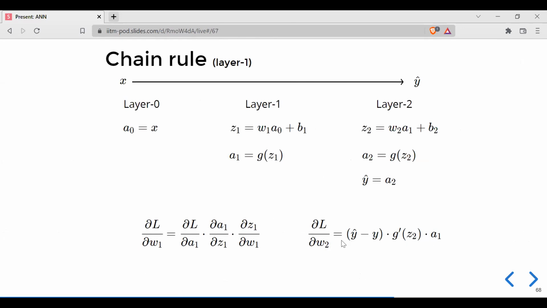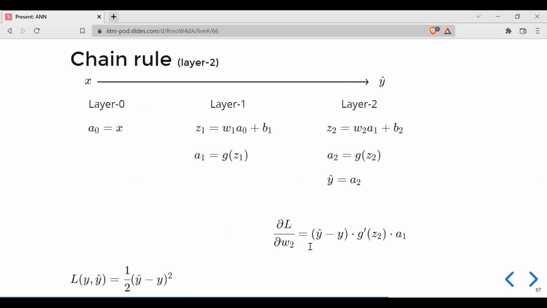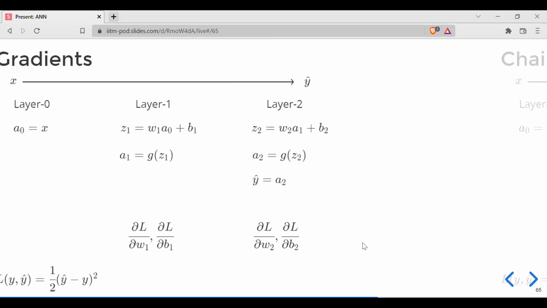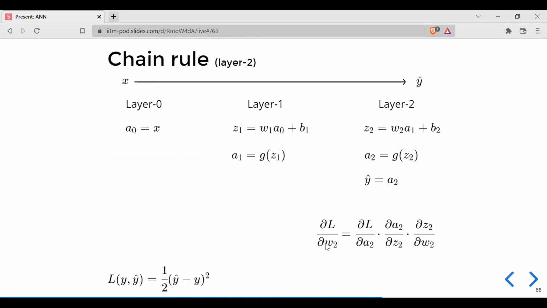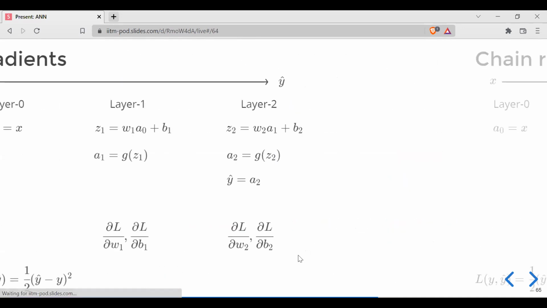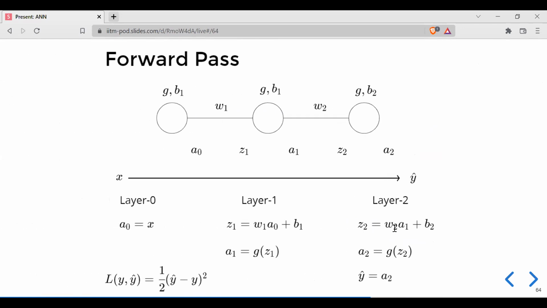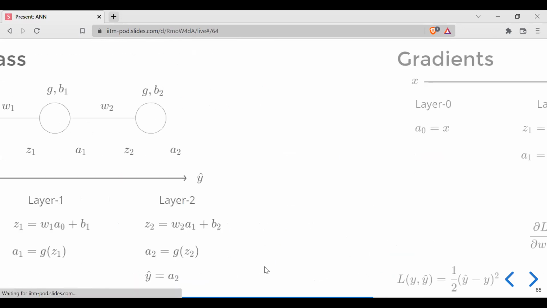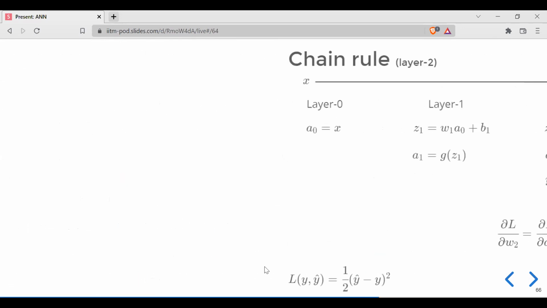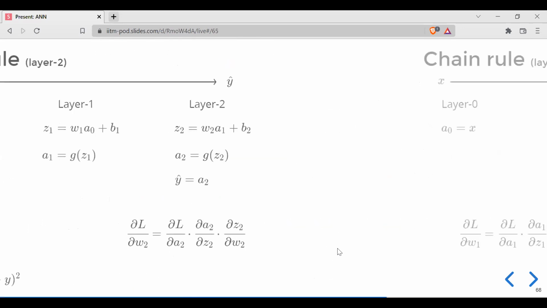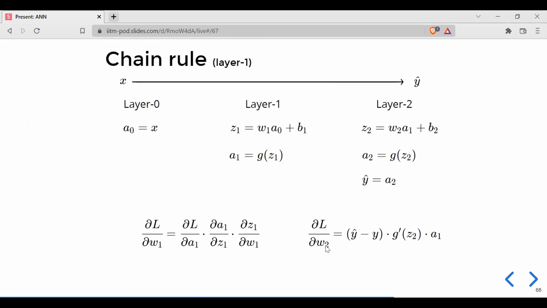For finding del L by del A1, you can first differentiate this with respect to A2, this with respect to Z2, and this with respect to A1. In that manner, you can find del L by del A1. Once you have that form, it will look something like this, similar to what we have found, right?